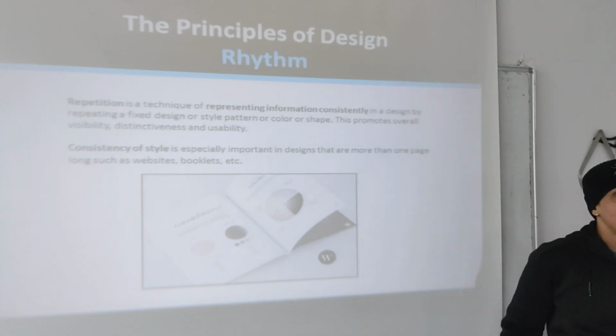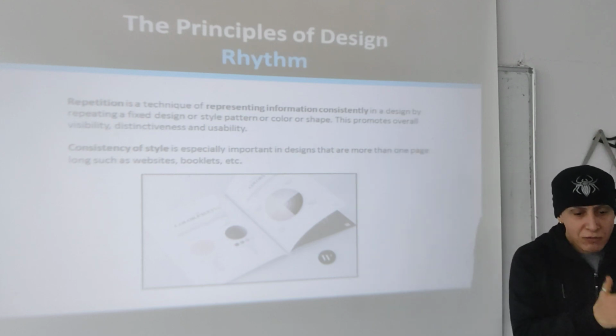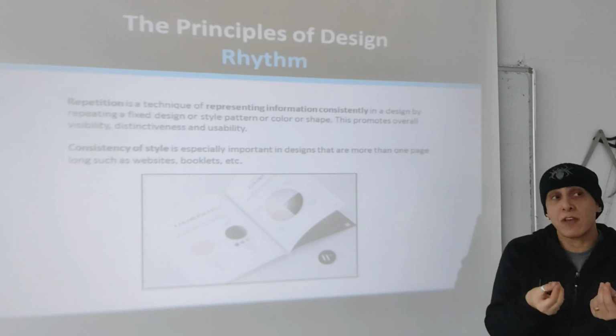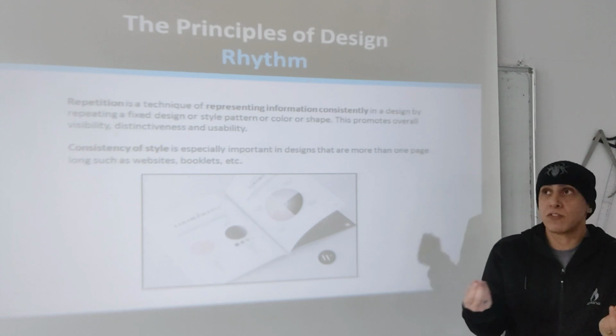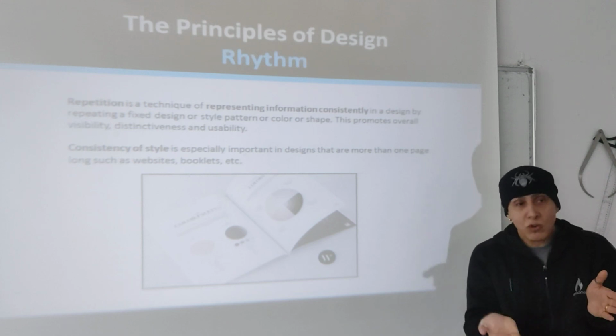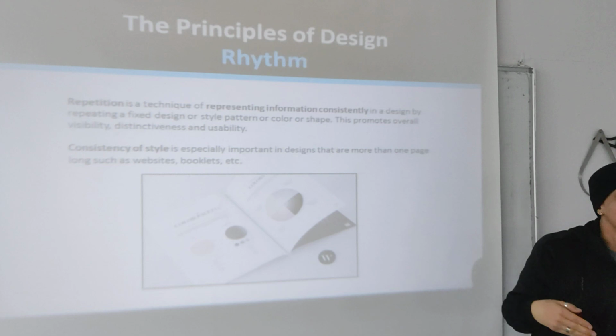So, for example, you have, let's say, 5 pages. When I look at these 5 pages, the first page, the second, the third, there must be something repeated. For example, if you used red color here, you cannot use on the next page green and then blue and then yellow.